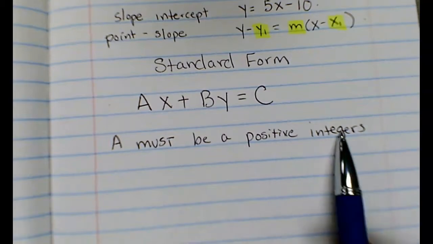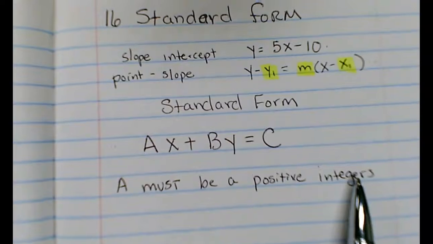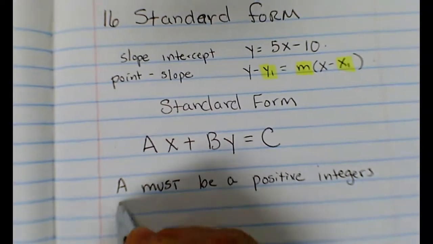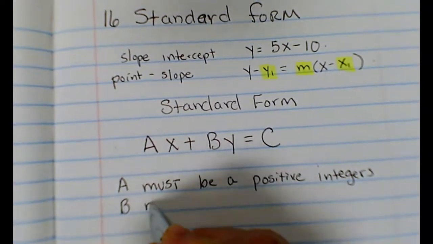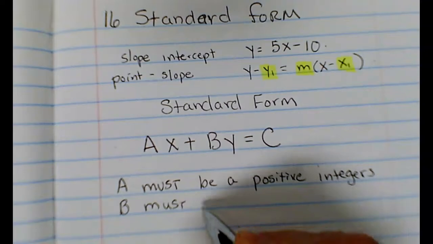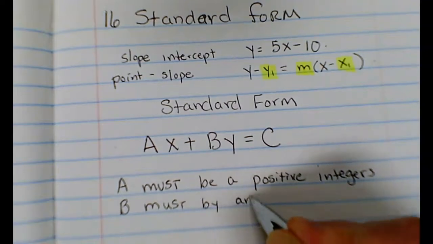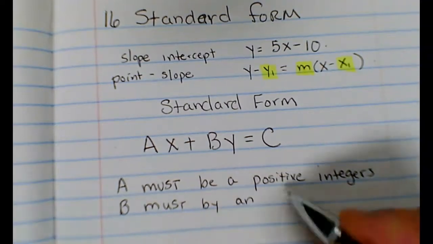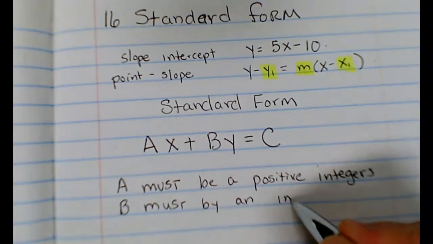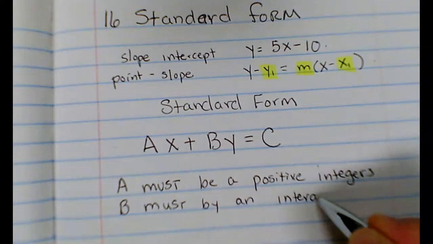A positive integer would mean a whole number greater than 0. The B doesn't have to be positive, but it must be an integer.